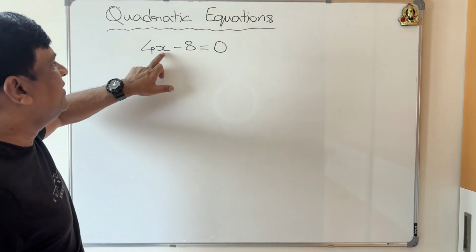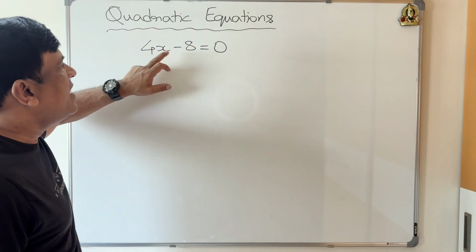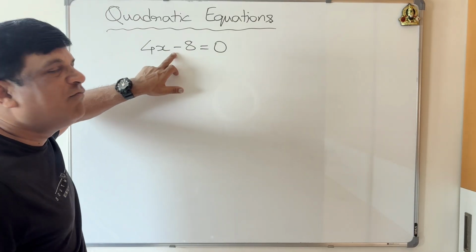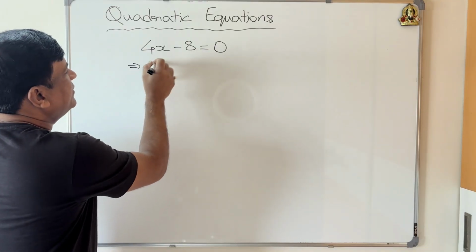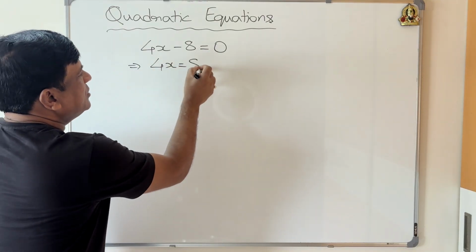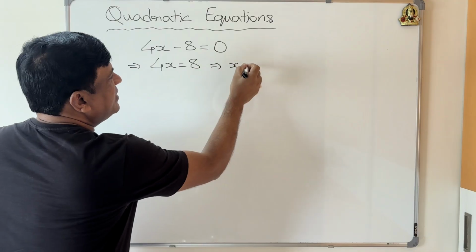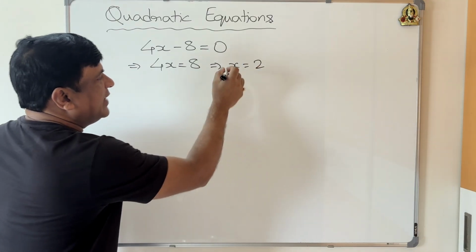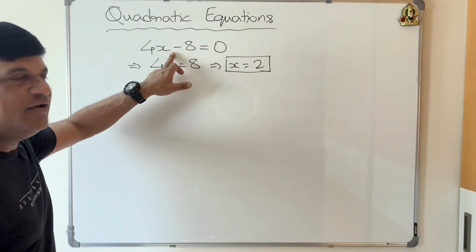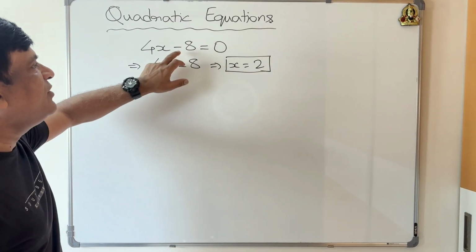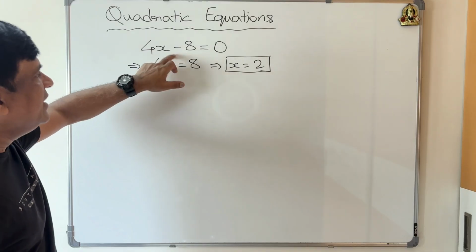There is only one variable, and it will have only one distinct solution. When you solve this, 4x is equal to 8, which implies x is equal to 2. There can be only one distinct solution for this equation. That's why we call it a linear equation.